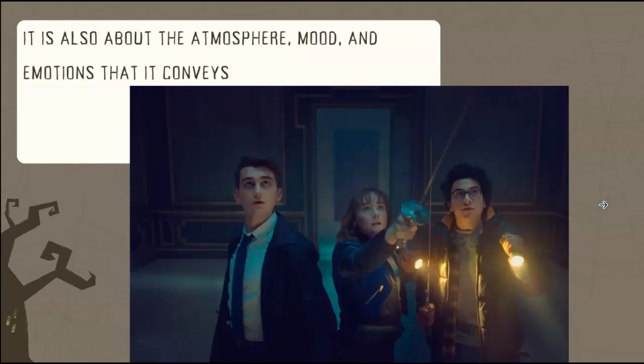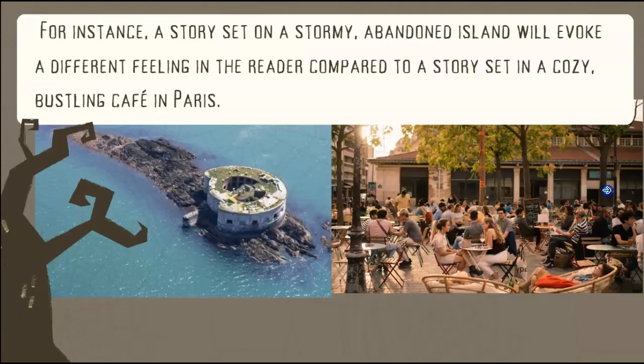But the setting is also about the atmosphere, the mood, and the emotions that it conveys. In Lockwood, the setting is an alternative history where in the modern day, when people die, their souls no longer pass over. Instead, they stay to haunt the living. And obviously, that setting changes the expectation, the mood, and the emotions that you feel when you read the story.